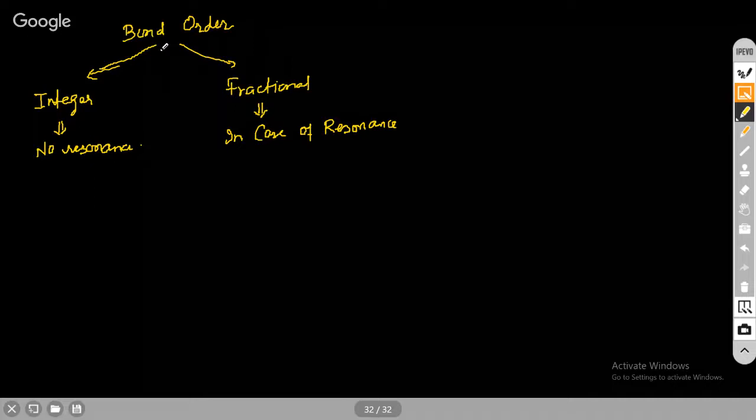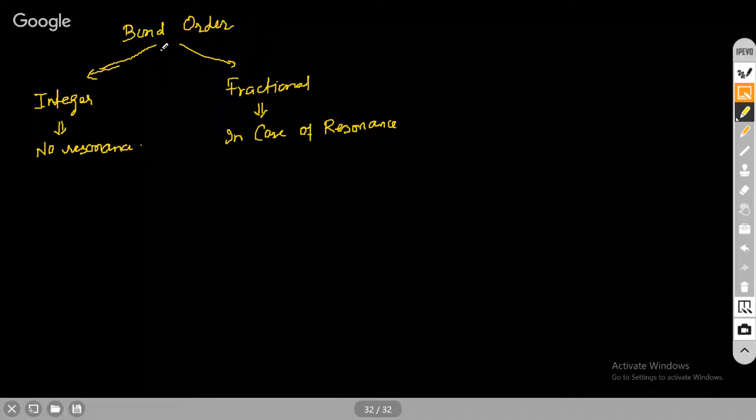So, see, the calculation of bond order is possible when we have equal contributors. For unequal contributors, since the stability will be different, the bond order calculation between the two atoms present in the molecule is difficult when we have unequal contributors, right?